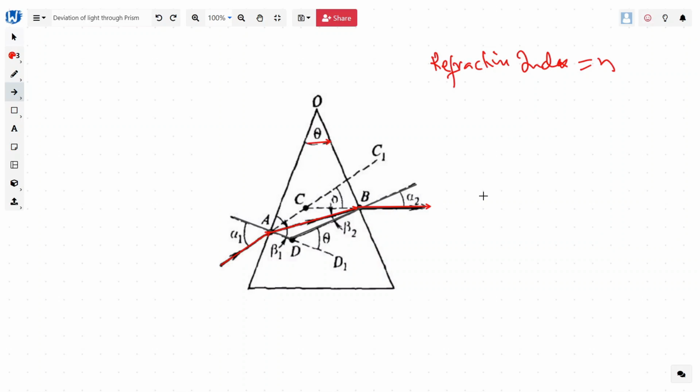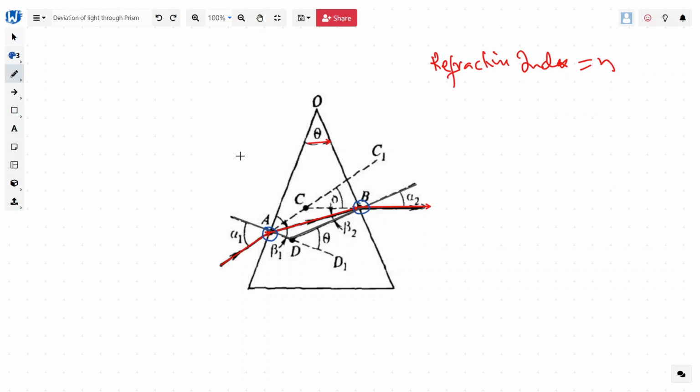This red line shows the path of light, and we can write some equations using Snell's law at point A and point B, and that is where all the physics will end.